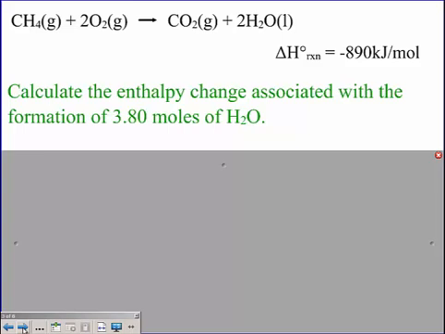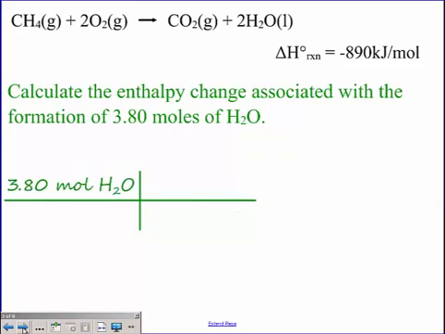Consider this question. Calculate the enthalpy change associated with the formation of 3.8 moles of water. Think of delta H like a conversion factor between moles of a substance in the equation and the heat change for the process. We know from the balanced thermochemical equation that 890 kilojoules of heat is released for every 2 moles of water formed. So we're going to write that as a conversion factor.